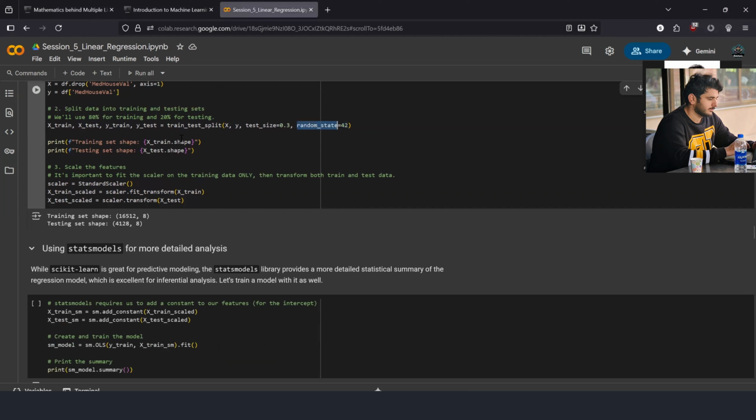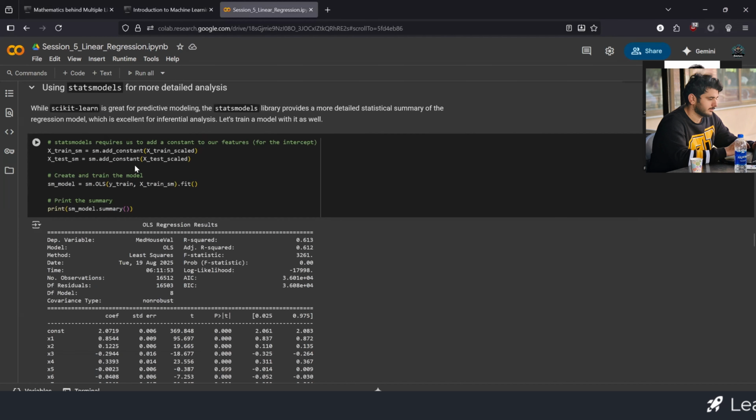Next time someone runs the code, a new random data set is generated and your whole results are messed up. So that's why whenever we're working with some randomness, we always take care of the random state. Got it? Yes. Perfect.